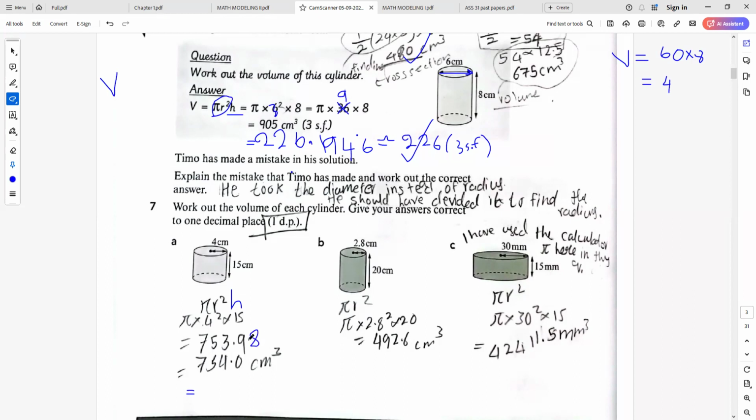Since they have asked to give the answer correct to 1 decimal place, we have to look at the second decimal place.